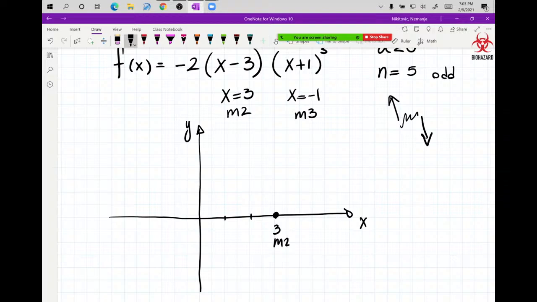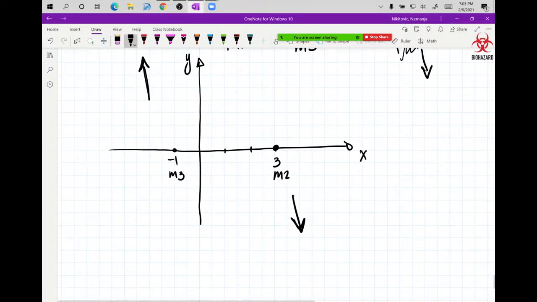M2, M1, no, M3, M3. And I have this one and this one.